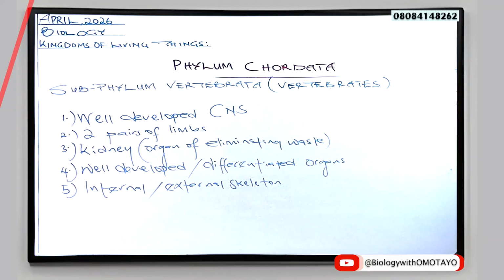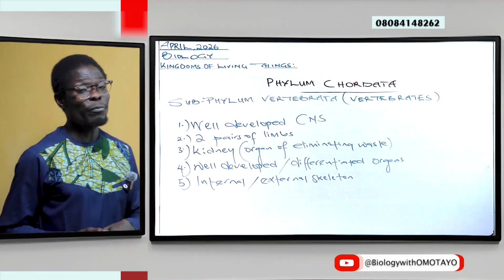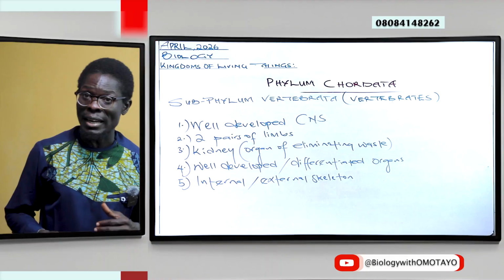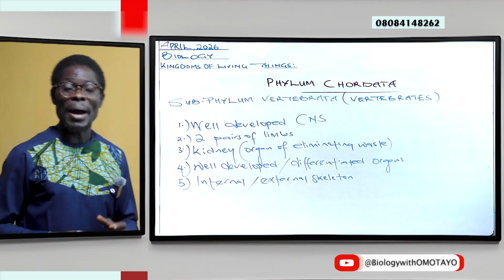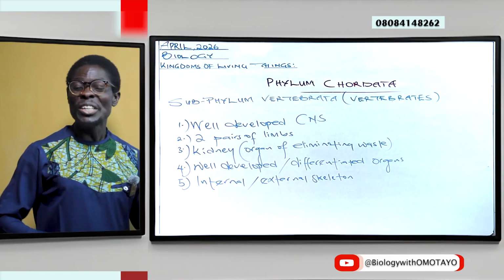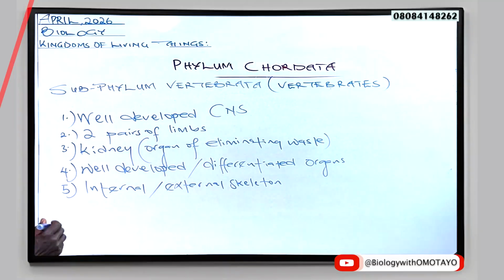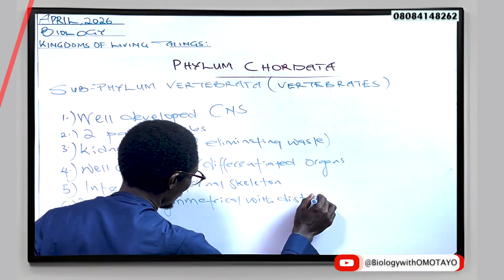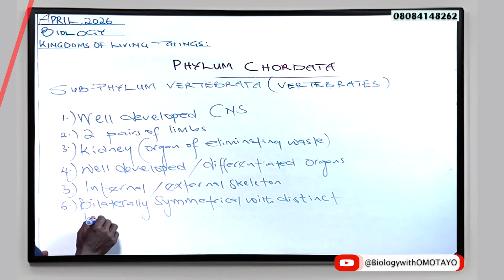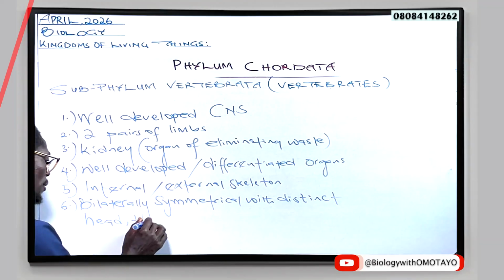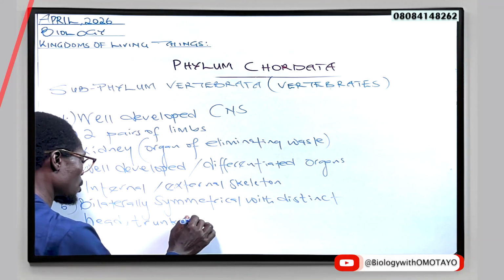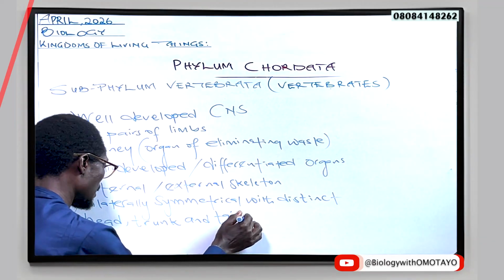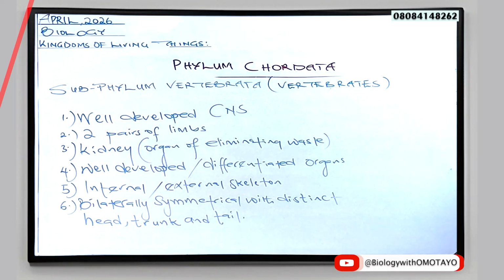Other characters of organisms under this subphylum is that they are bilaterally symmetrical, with distinct head, trunk, and tail. Also here the circulatory system is closed.